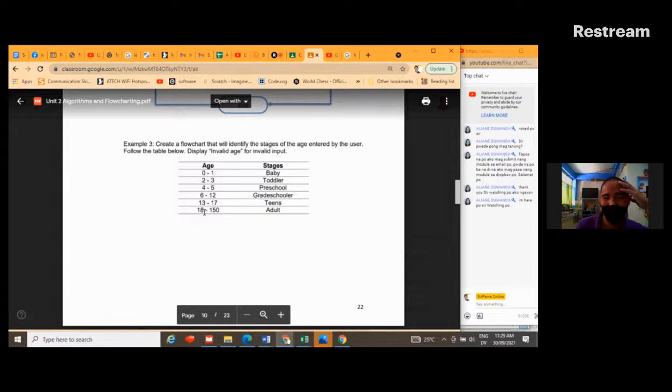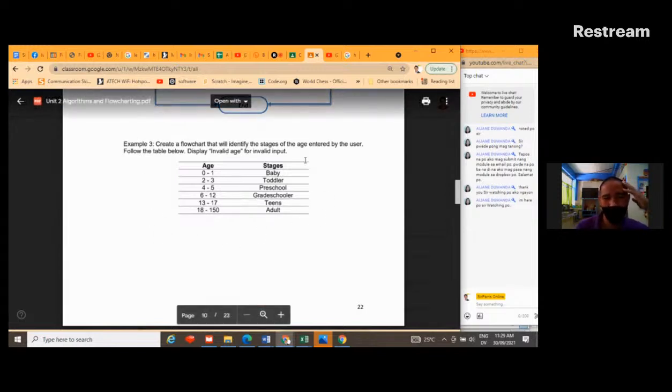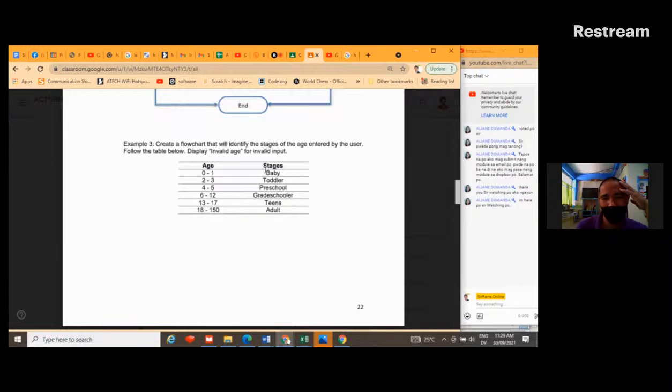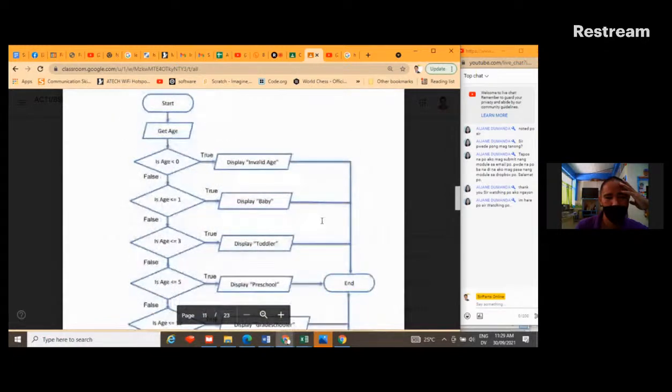I don't know about 18 and 19 being teens, but okay, maybe adult. Let's just assume this particular table because this is what we have, as the age and the stages. So now we have our table.